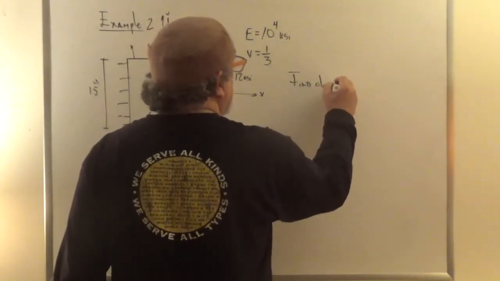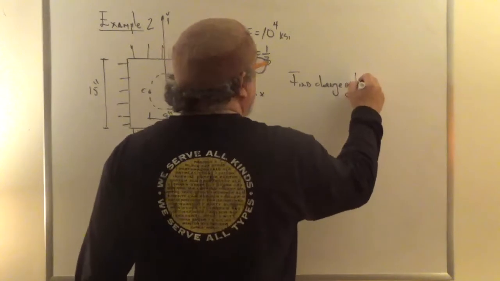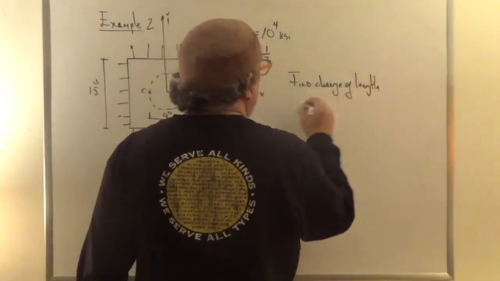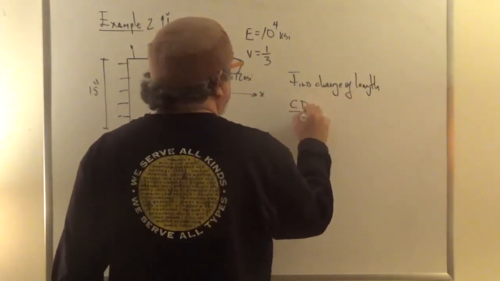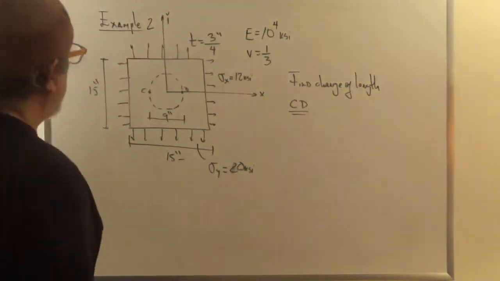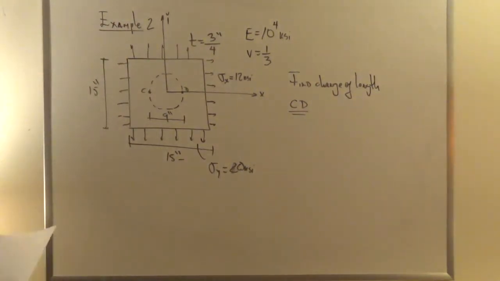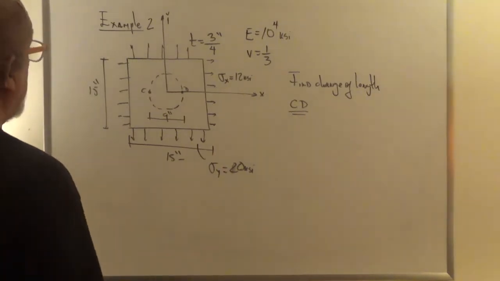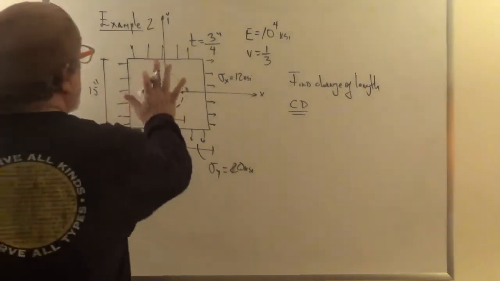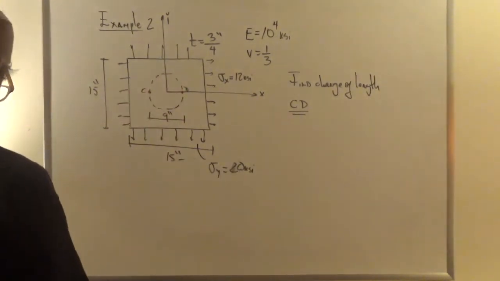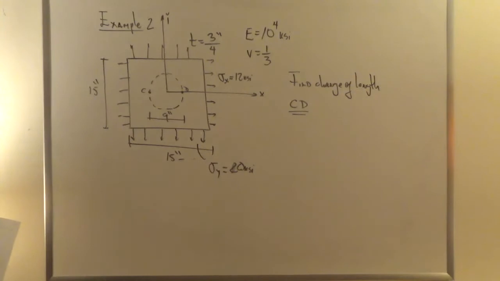So we want to find the change of length of CD. We say, wait a minute, this looks like plane stress, right? Because it's a thin plate, there's nothing going on in the Z direction, so I should be able to use my plane stress computations.